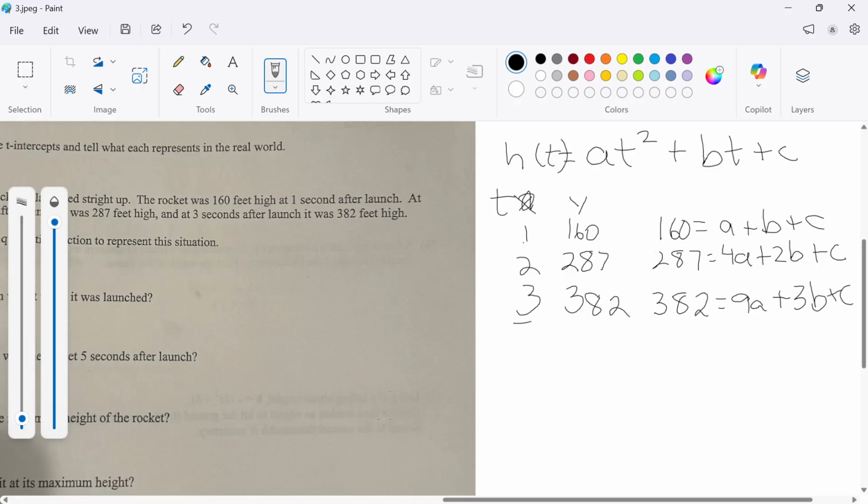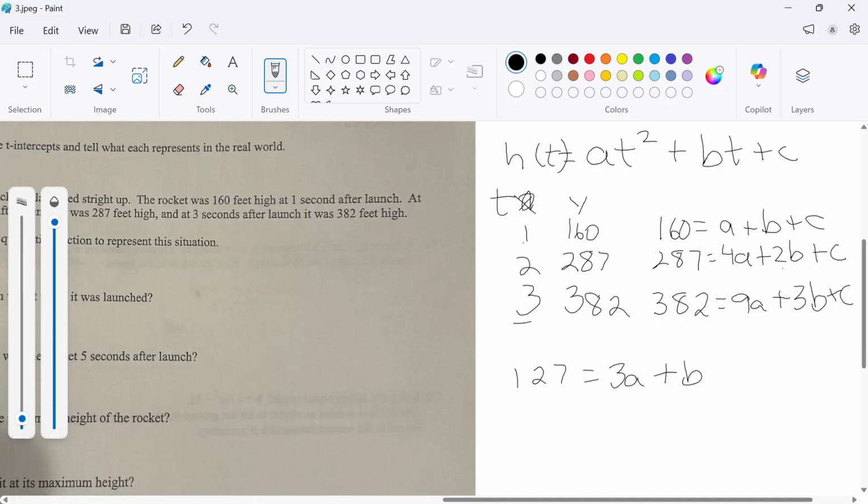I will subtract the first equation from the second equation. That gives 127, 287 minus 160, equals 4a minus a is 3a, 2b minus b is b, and then c minus c is 0.